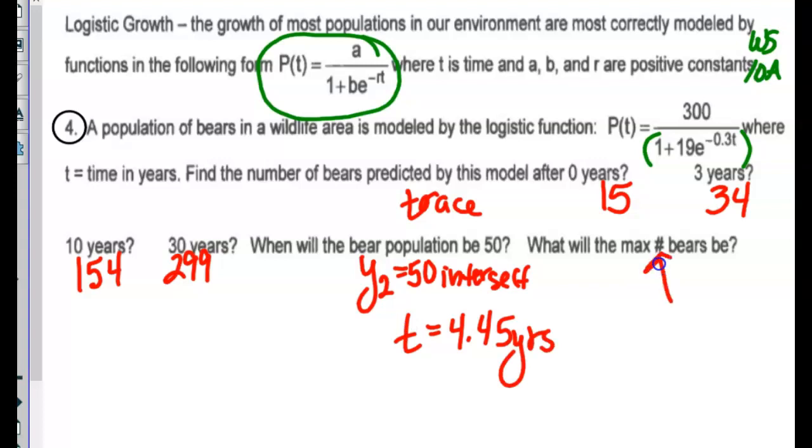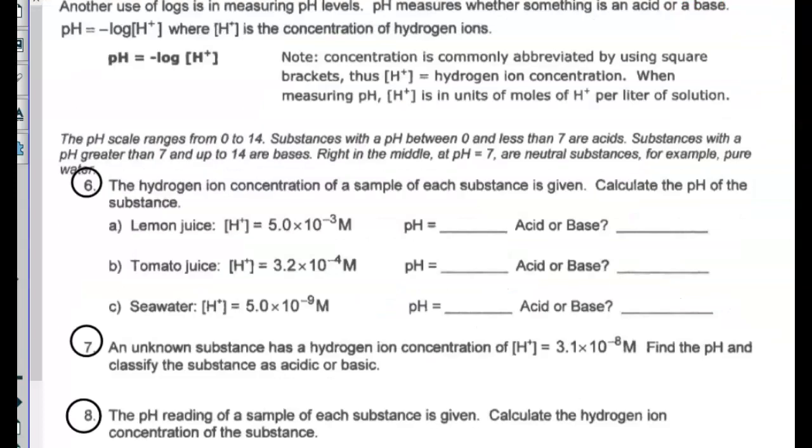And the max number of bears, what did we say it should be? Should be 300. Okay. There is a question like that on the quiz and on the final, I believe. Okay? We're going to do some of those tomorrow, but actually tomorrow we get to start with a list of numbers.